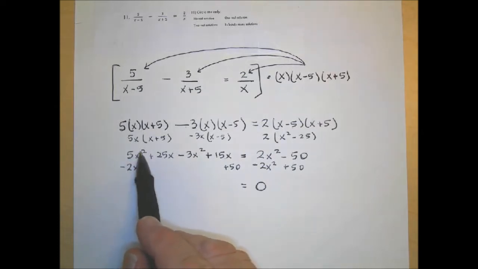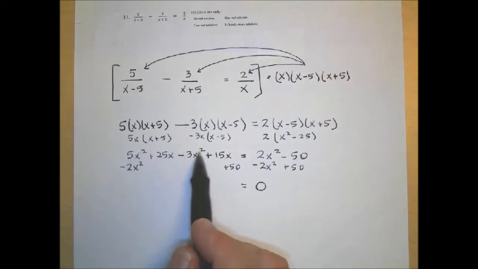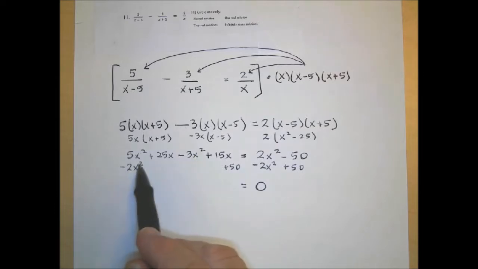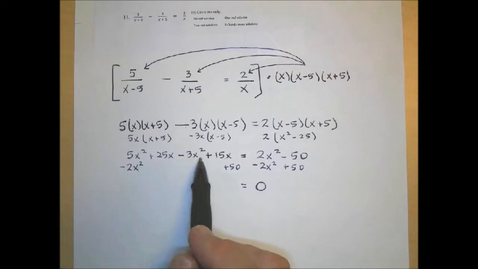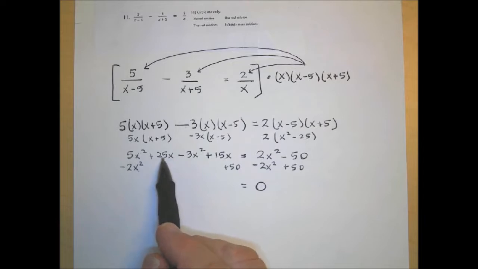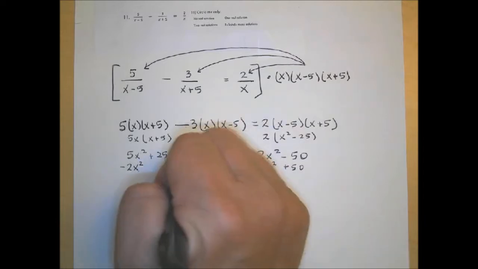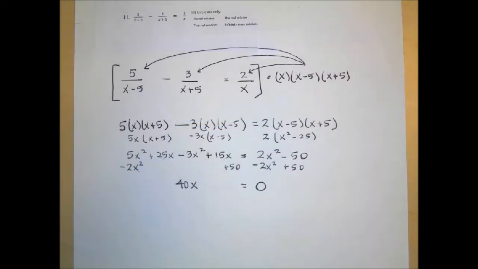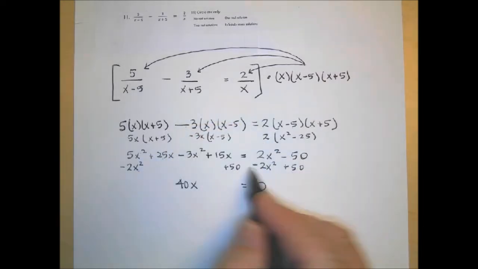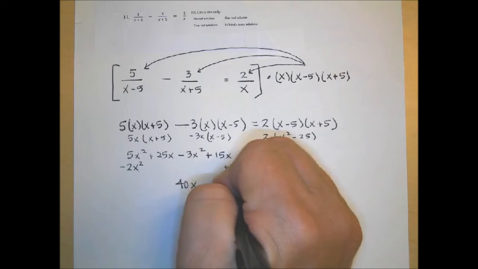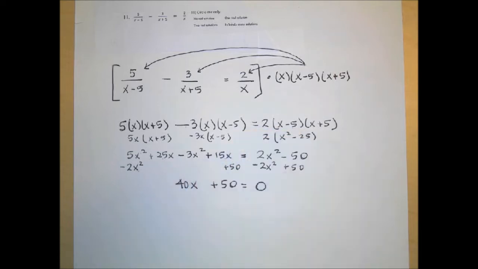I've got this 5x squared minus 3x squared would be 2x squared, but I have to subtract that 2x squared also, and so all my x squareds are now gone. Now I've got 25x plus 15x, which is 40x, and then remember that constant I brought over is just plus 50. It didn't have any other constant to go with it.